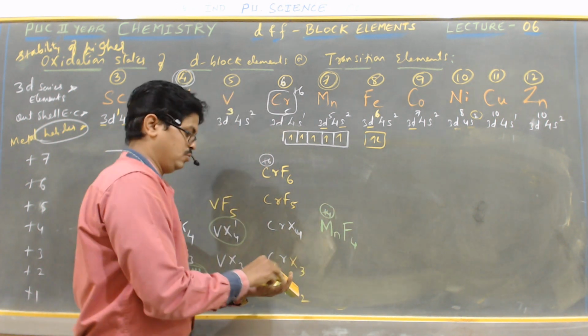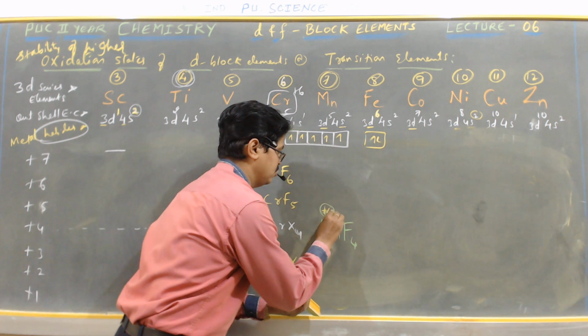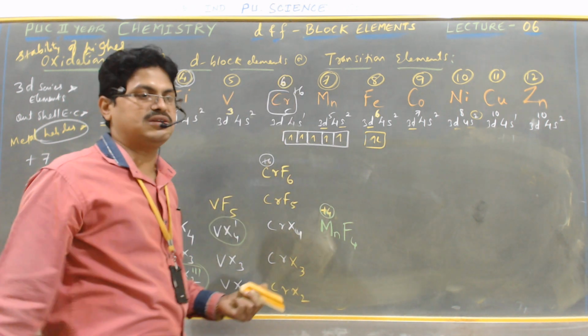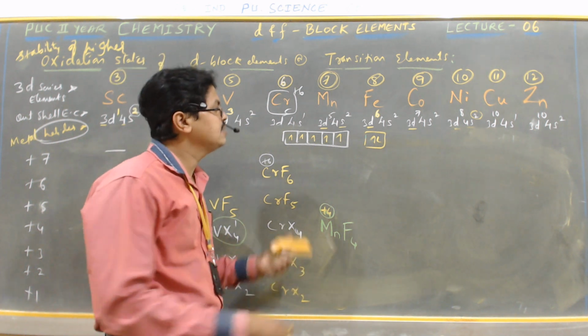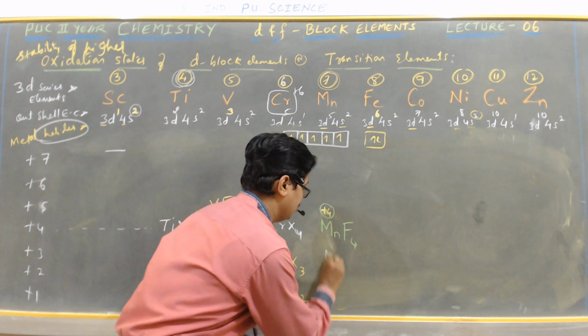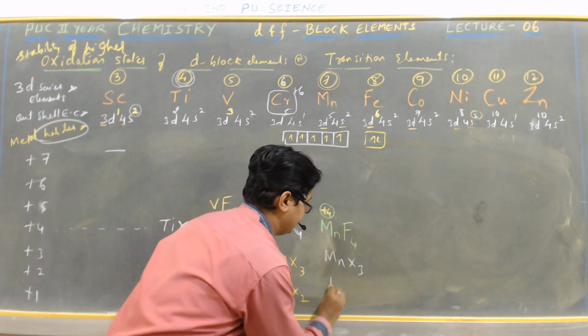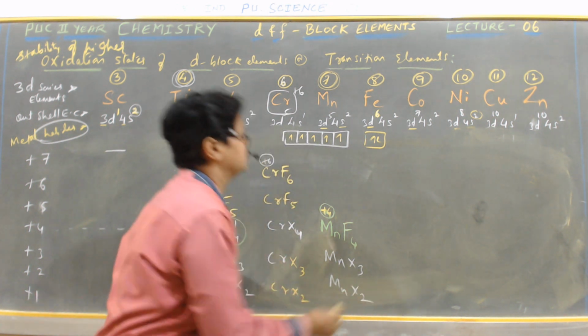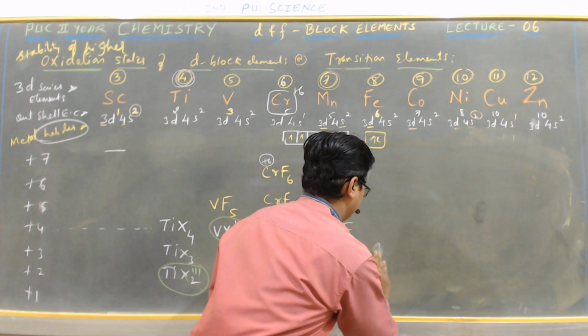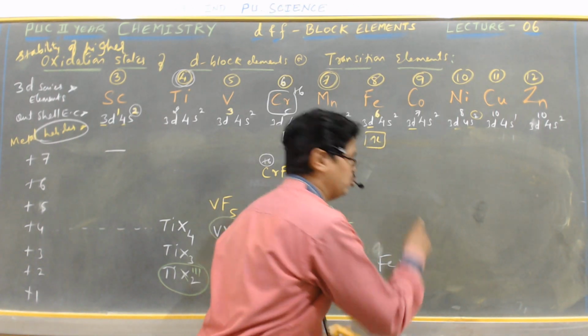Only plus 4 state is stable. So what about plus 5, plus 6, plus 7? They are not stable with respect to any halides. Okay, MnF4 is stable. Similarly, MnX3, MnX2. From iron, in case of iron, even iron also exhibits up to plus 6.